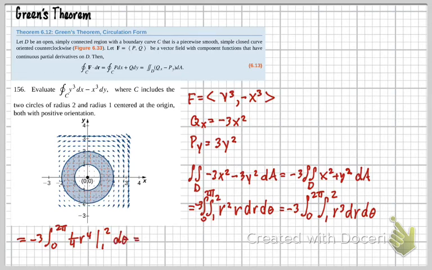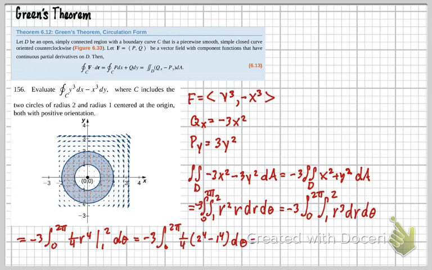Okay, so I get -3, the integral from 0 to 2 pi, and then I'm just going to pull the 1/4 out here, and then I'm going to do 2 to the 4th minus 1 to the 4th d theta.